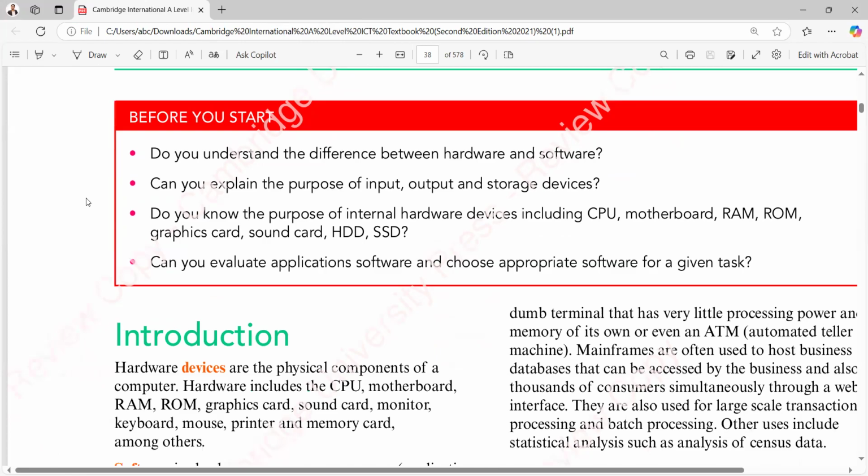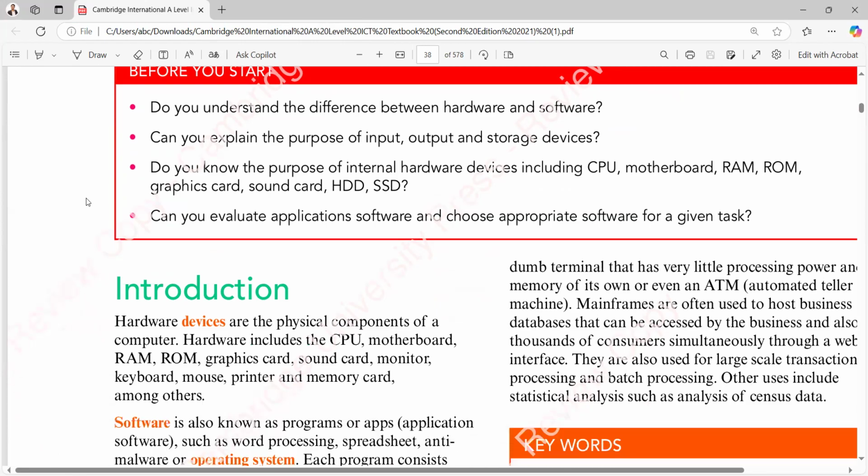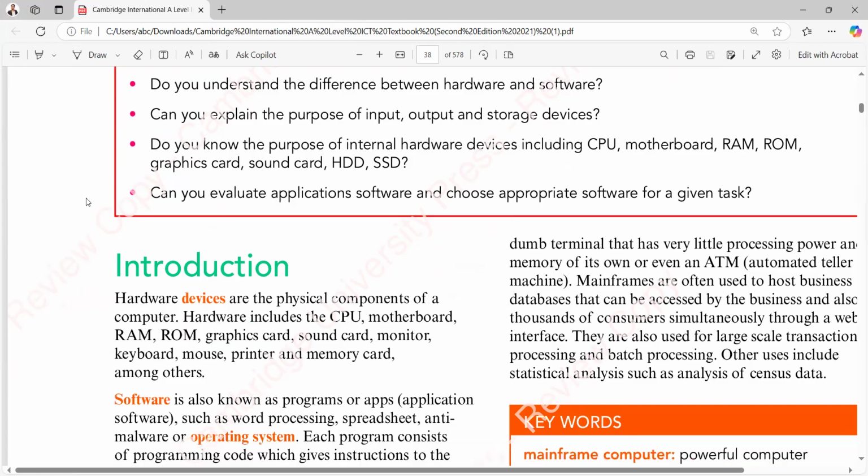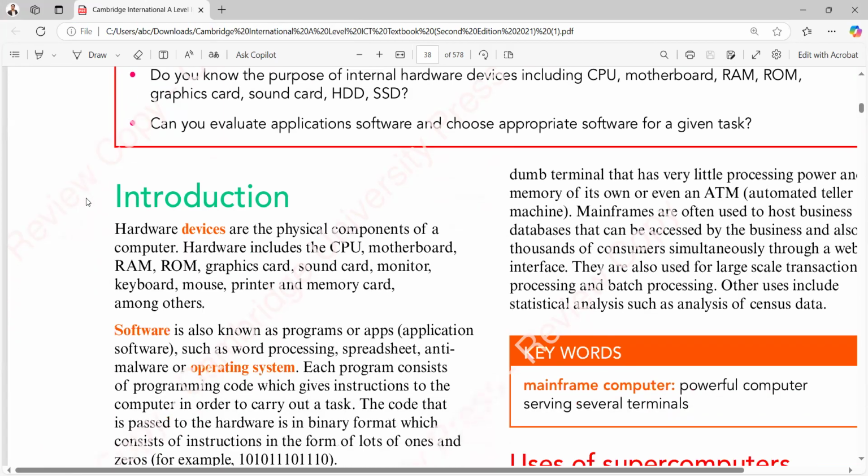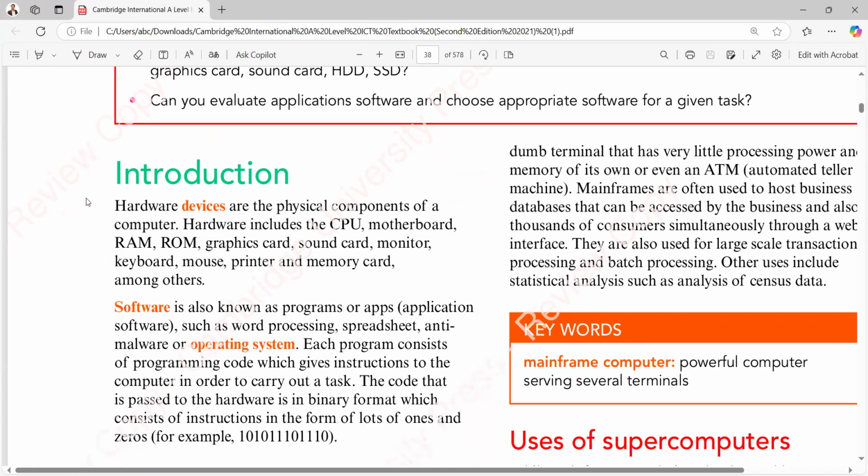So when it comes to hardware, it can include your CPU, your central processing unit, your motherboard, your random access memory, your read-only memory, your graphic card, sound card, monitor, keyboard, mouse, printer, and memory card, and all the others. These are the hardware devices. Whereas software is not a device. It is known for the programs.